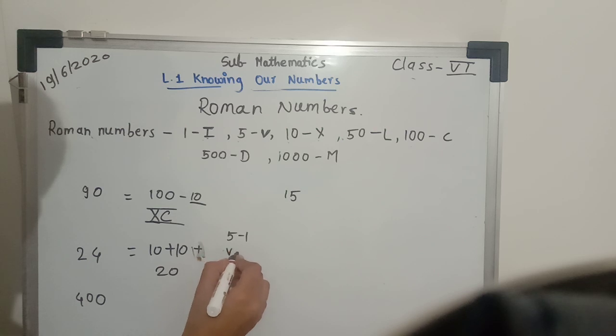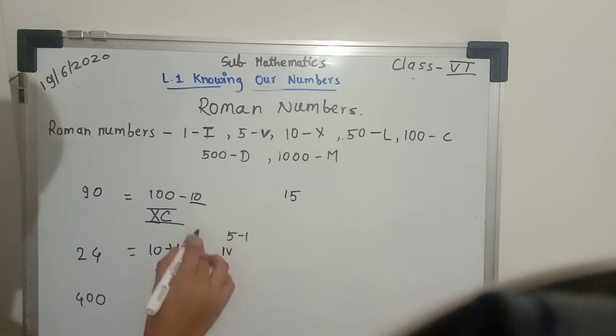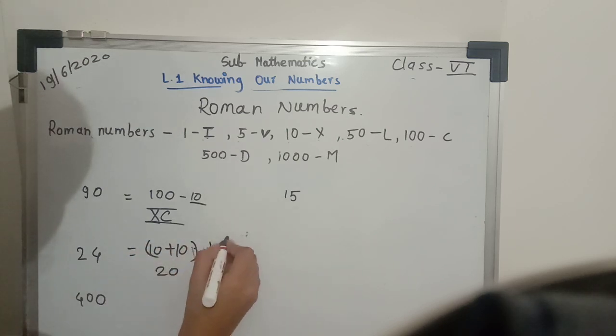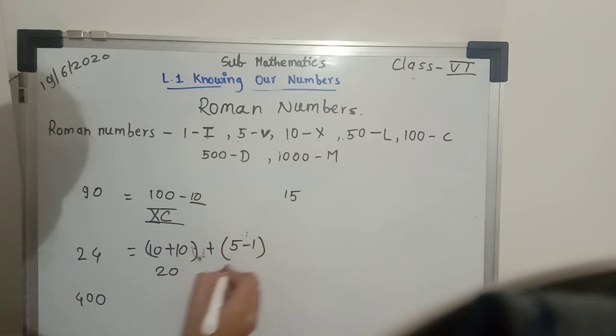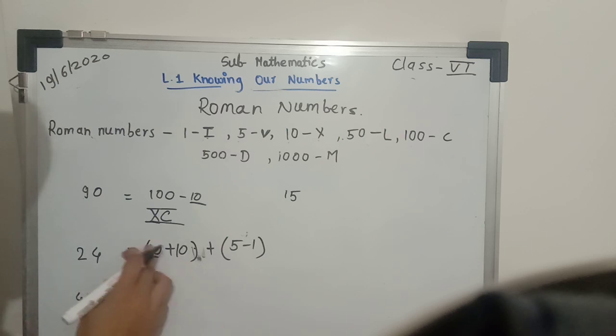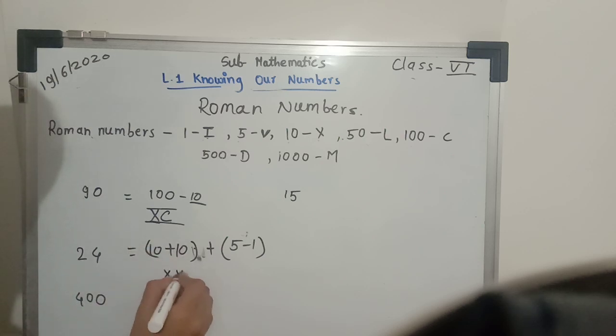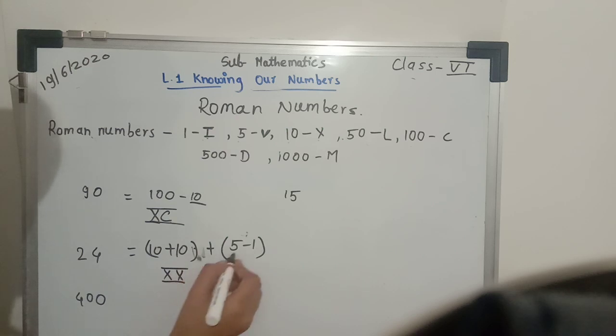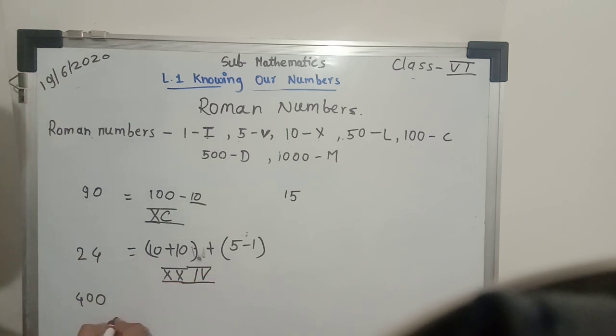That is V. And what is the Roman number for 1? That is I. What is the Roman number for 10? So here we have to write 2 times X, okay, and then the Roman number for 5. Here we are doing subtraction first, so first we have to write the Roman number for 1 and then 5. So this is the Roman number for 24.